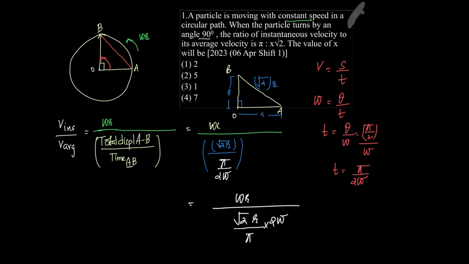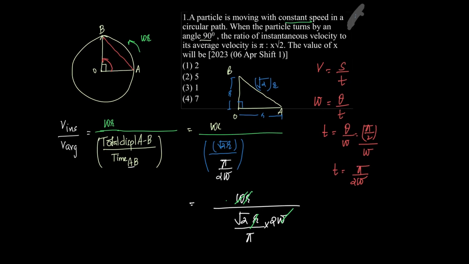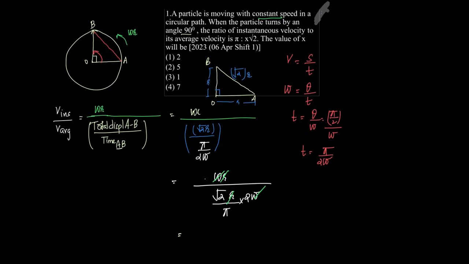Now let's see, omega by omega is 1, r by r is 1. So all what we have here is 2 over root 2 pi, which is therefore equal to pi by 2 root 2.